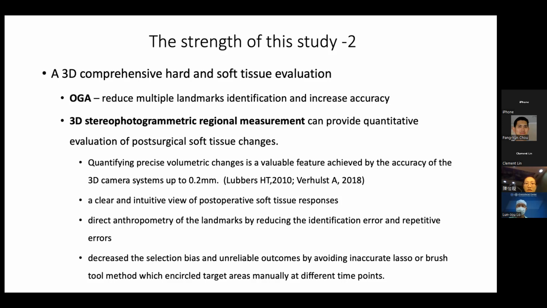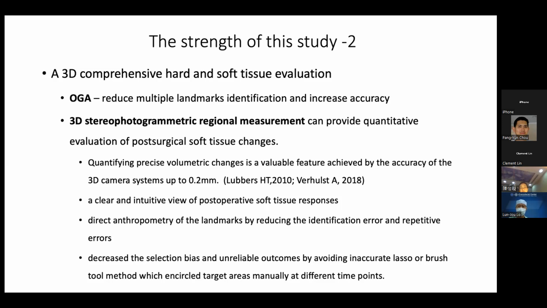From the previous study, the linear error of the OGA is less than 0.23 millimeter, and the angular error is less than 0.67 degree.